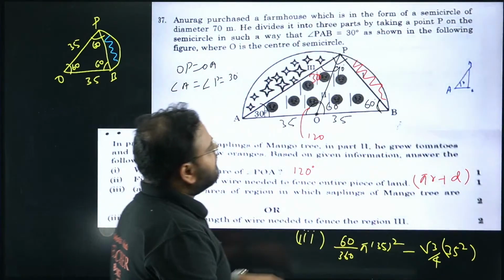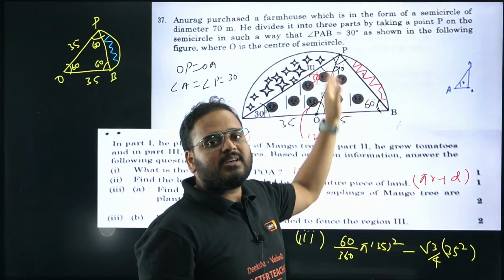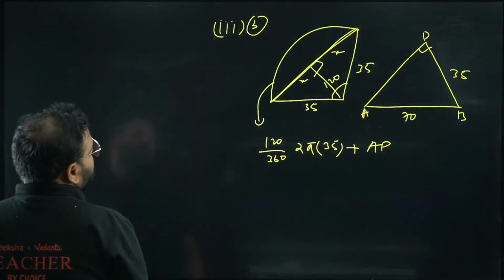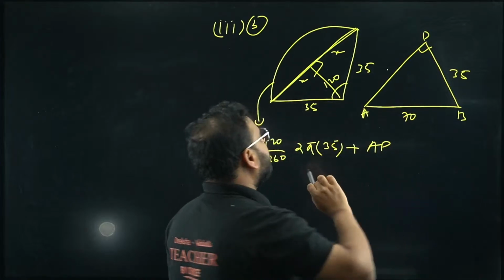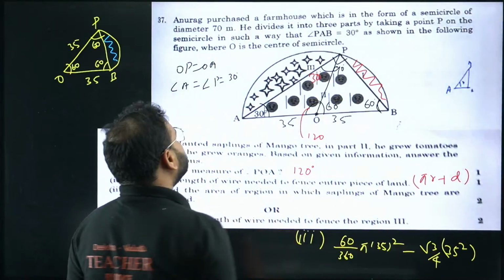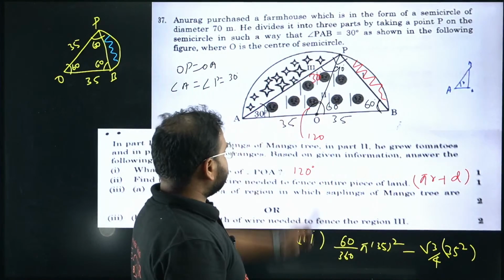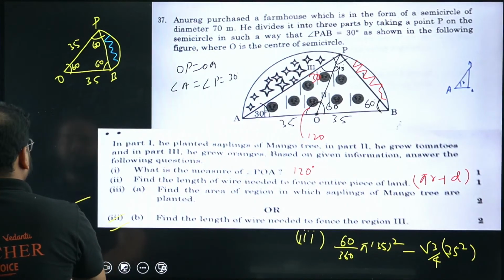How come 35, sir? Equilateral triangle, 60, 60, 60. So ABP is an equilateral triangle. From there you can get this value from Pythagoras theorem, and use that over here in adding the value for finding the fence of this area number 3 for part 3B. Please check. So this is also done.